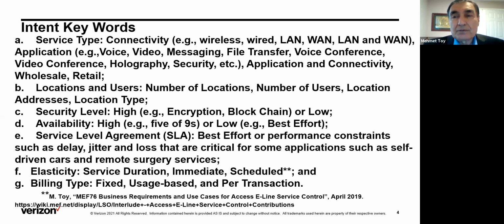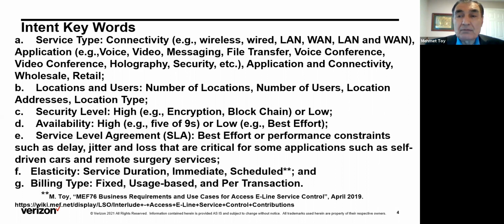So intent keywords, I divide them into the following categories: service type, location, security level, availability level, SLAs, elasticity, and billing. Now, if you look at the service type, we would like to see whether the service is a connectivity service or just an application, or really the combination of the application and the connectivity.